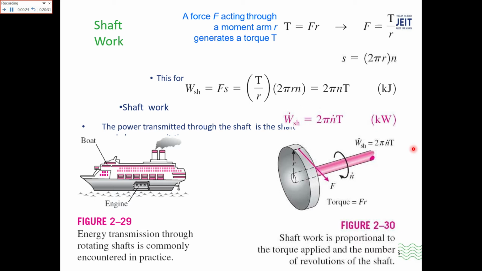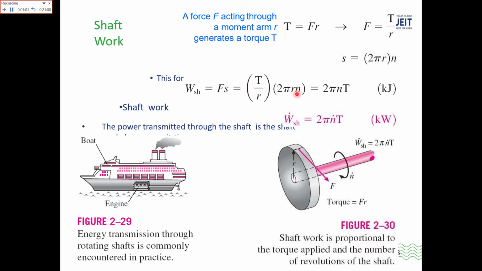For this, W of the shaft is equal to F into S, where force is equal to torque divided by the radius, and here the distance S is 2 pi r into n, where 2 pi r is the periphery, and n is the number of rotations. So R would be divided by the R.